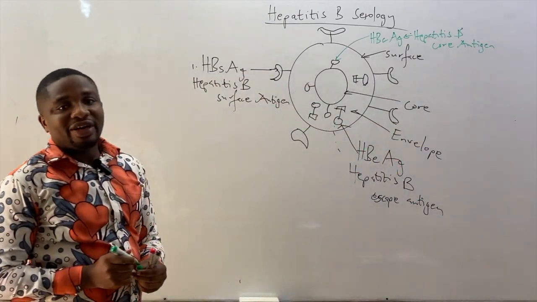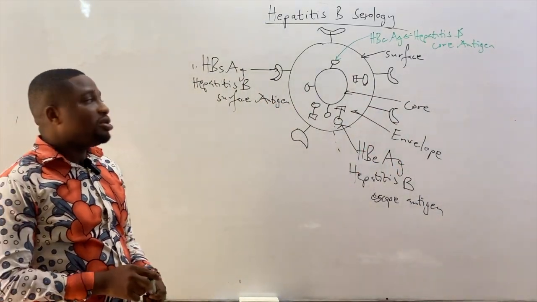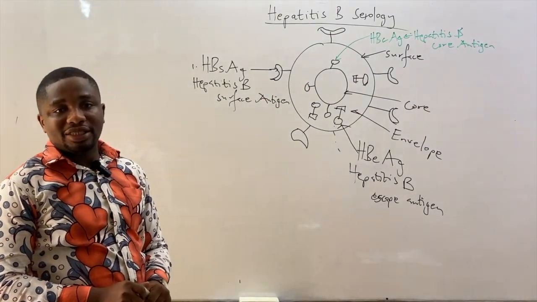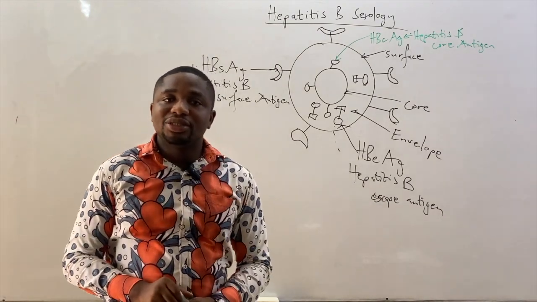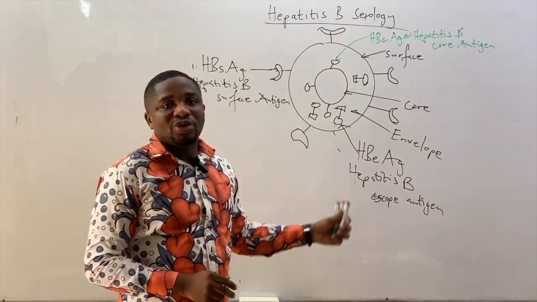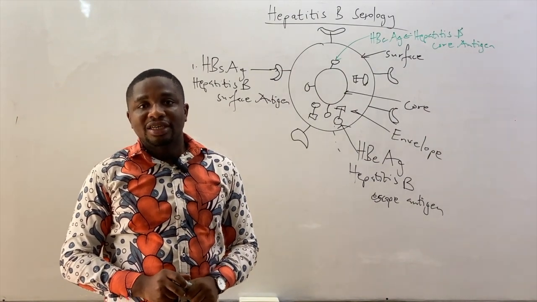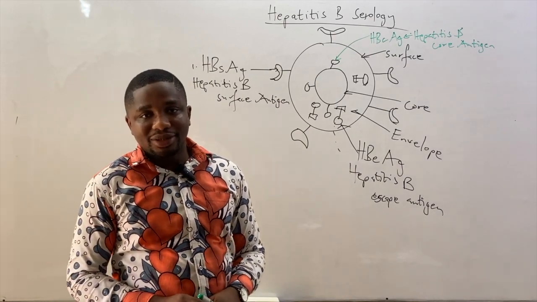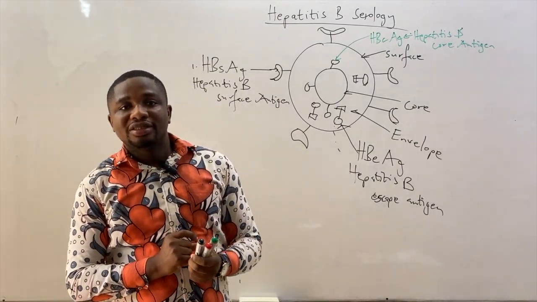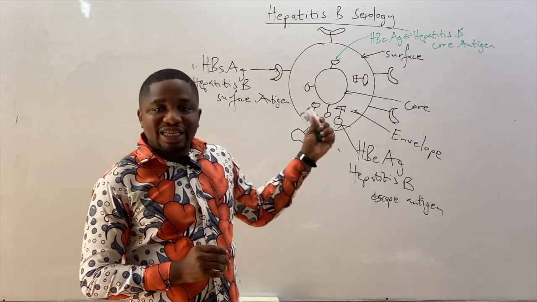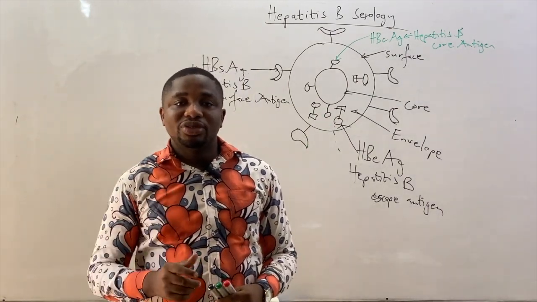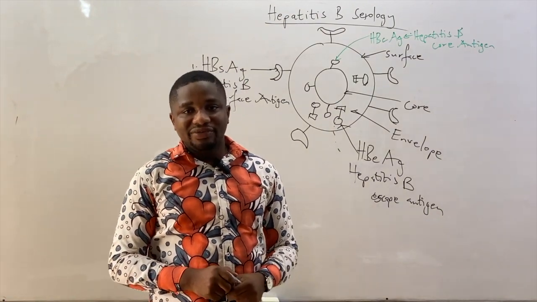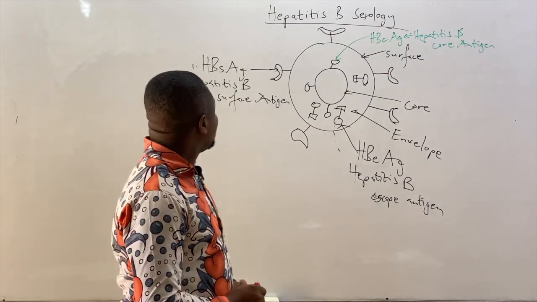Unlike hepatitis B escape antigen, which by virtue of its ability to escape into the blood is referred to as hepatitis B escape antigen, unfortunately hepatitis B core antigen is unable to escape into the blood. So that means that should you take samples for hepatitis B serology, you won't be able to see the hepatitis B core antigen. Because of that, it lacks clinical significance. Okay. All right. So let's move ahead.